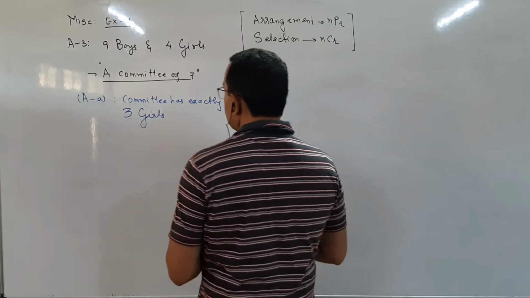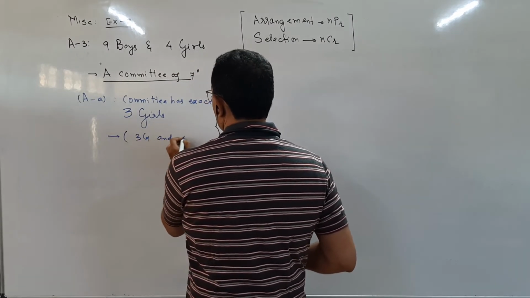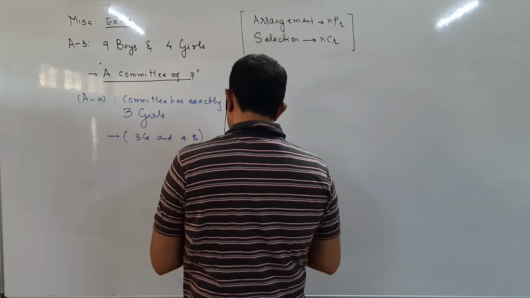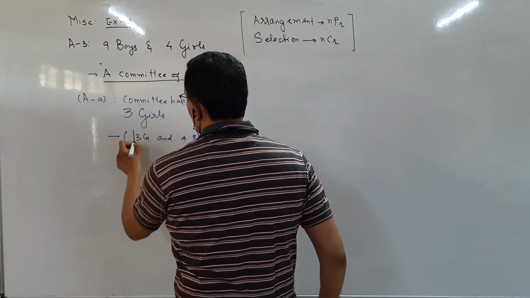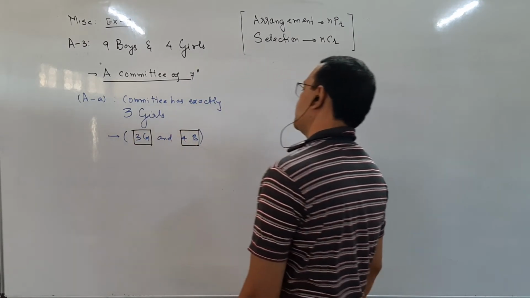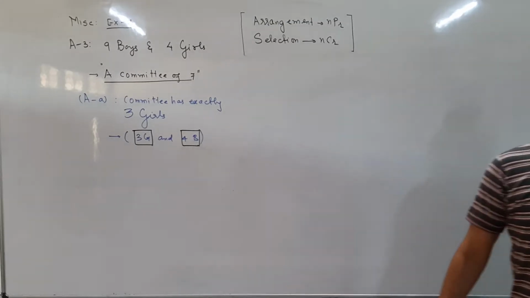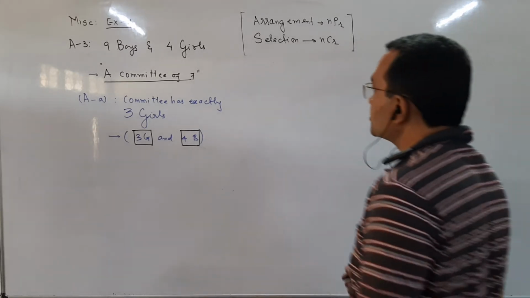If there are exactly 3 girls, then definitely we should have 4 boys, because the total members of the committee should be 7. So indirectly this tells us that if there are exactly 3 girls, then by default there must be 4 boys.